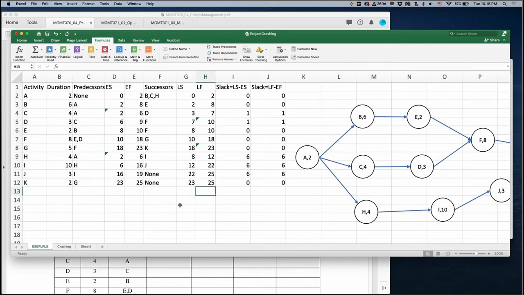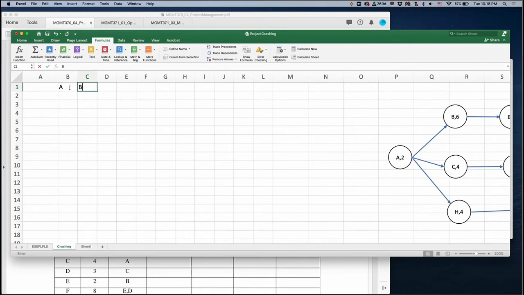So here we have some certain paths, and we also have activities A, B, C, D, E, F, G, H, I, J, K. And for activities, the original durations are 2, 6, 4, 3, 2, 8, 5, 4, 10, 3, and 2.